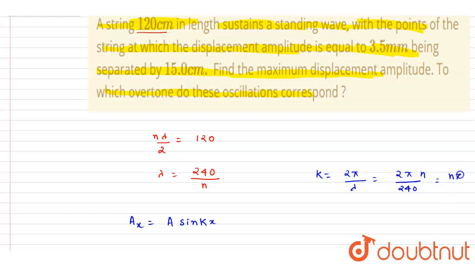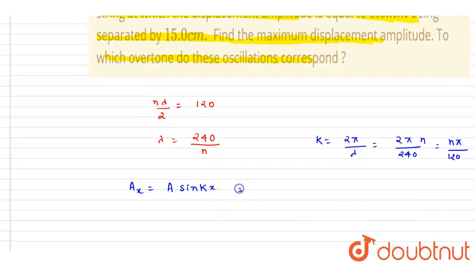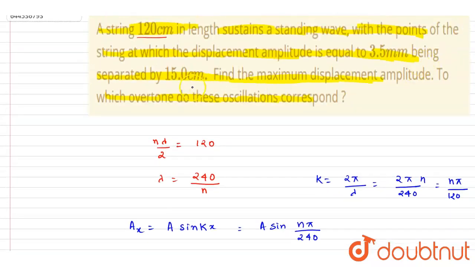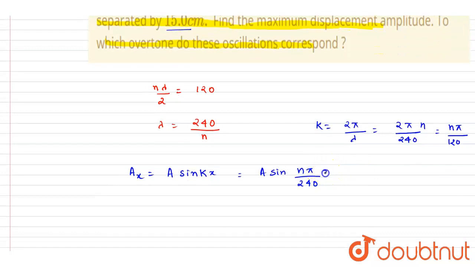It is nπ by 120, so sin(nπx/120). Now it is said that the two points where the amplitude is 3.5 mm are separated by a distance of 15 cm. So when you change the value of x by 15 centimeter, then the amplitude becomes the same.